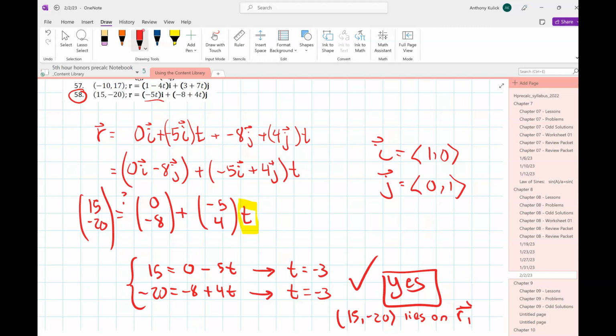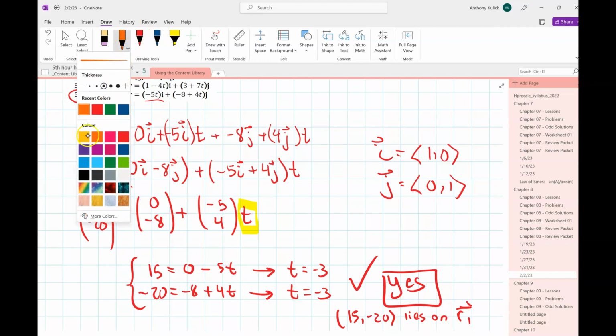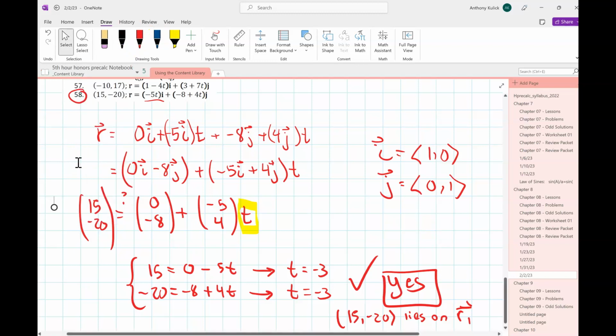Because if they have the same slope and one point from one line lies on the other line, all of the points have to be on the same line, right? They're just the same line. So again, this procedure just becomes part of a bigger procedure, right? This one specific skill.